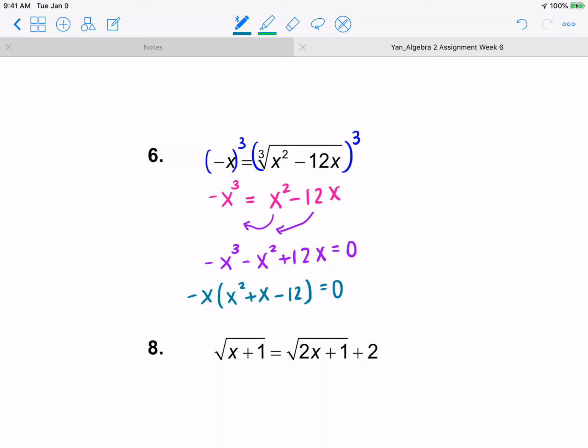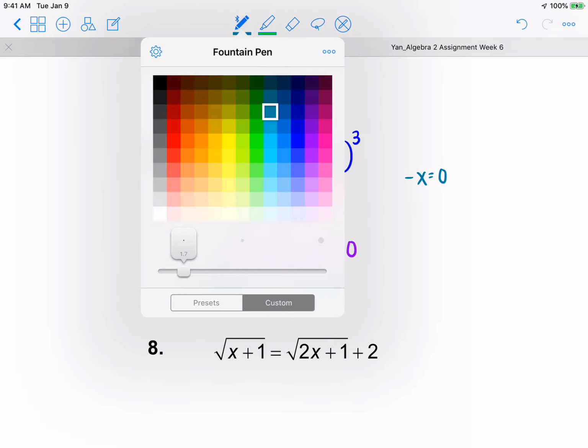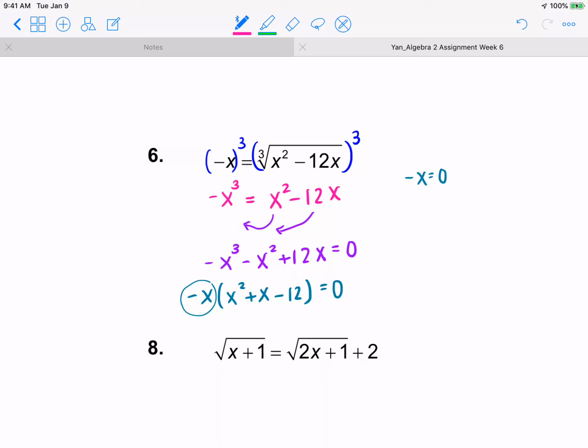Okay, so this negative x right here, I can already set it equal to 0, because that's by itself now. I have to break down my parentheses right here. So x times x. What are the two numbers that multiply to get negative 12 and also add to get 1x? It would be 4 and 3, right?